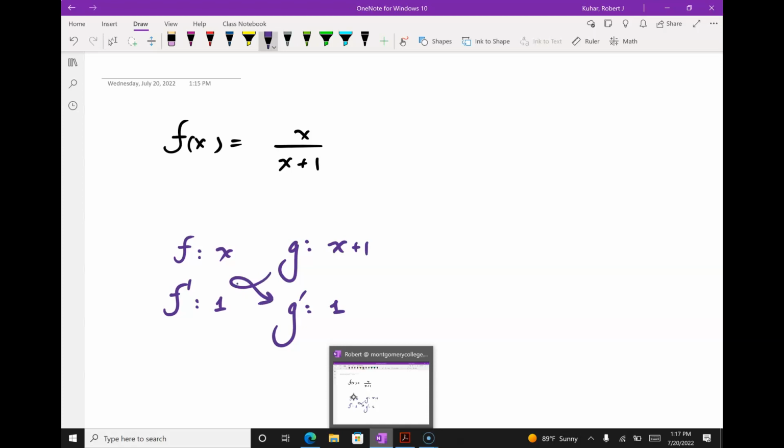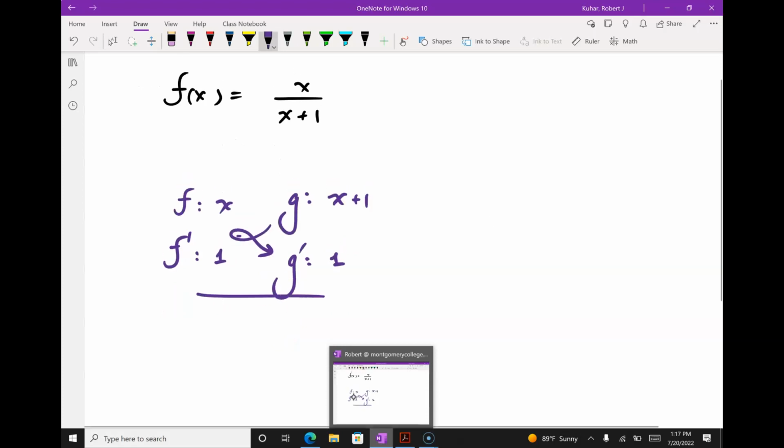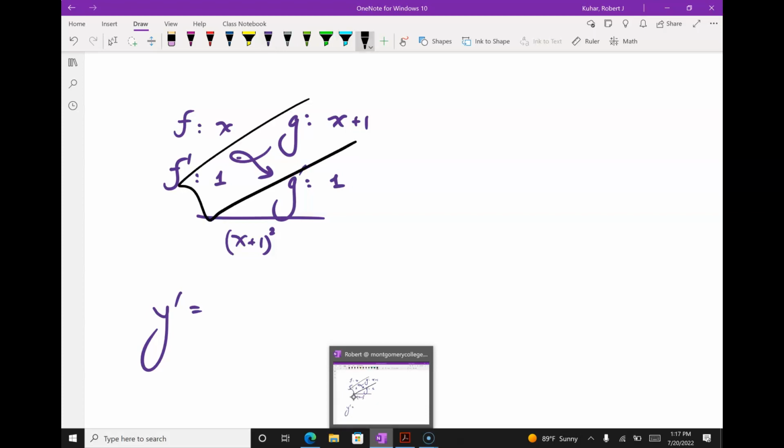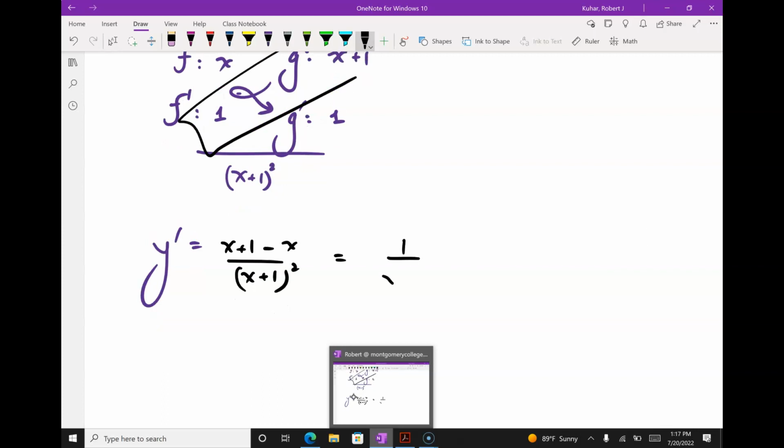And I also, of course, need the downstairs squared, which is just x plus 1 quantity squared. And no, don't FOIL it out. Keep things factored. So y prime is, this one first, x plus 1 minus x over x plus 1 quantity squared. So it looks like I just get 1 over x plus 1 quantity squared.